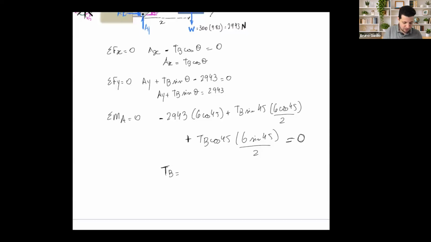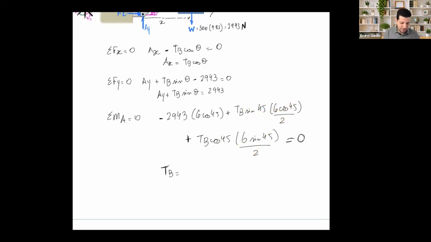Sine and cosine of 45 are the same. So this is going to be the same. Divide by 2, so just 1.